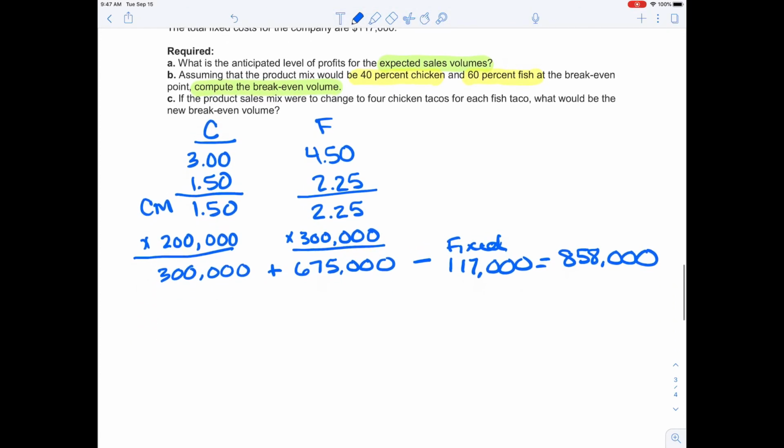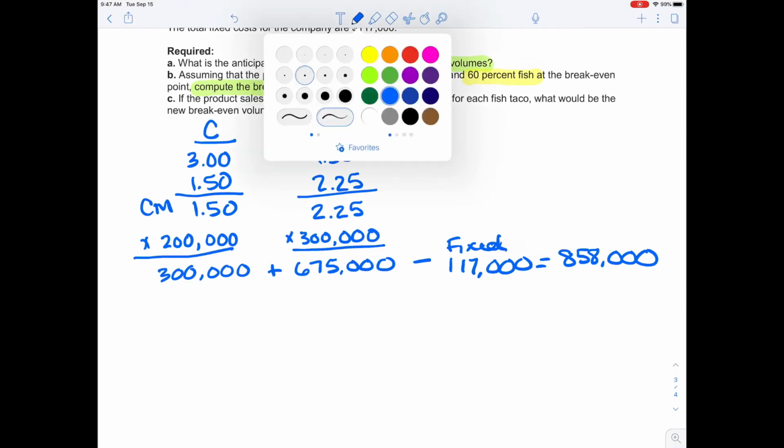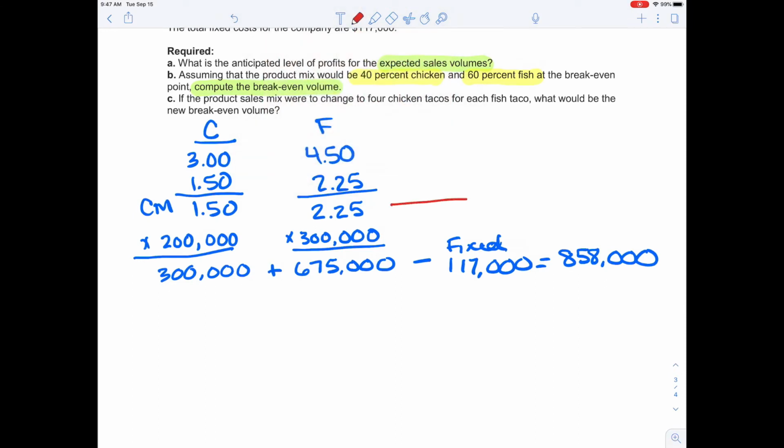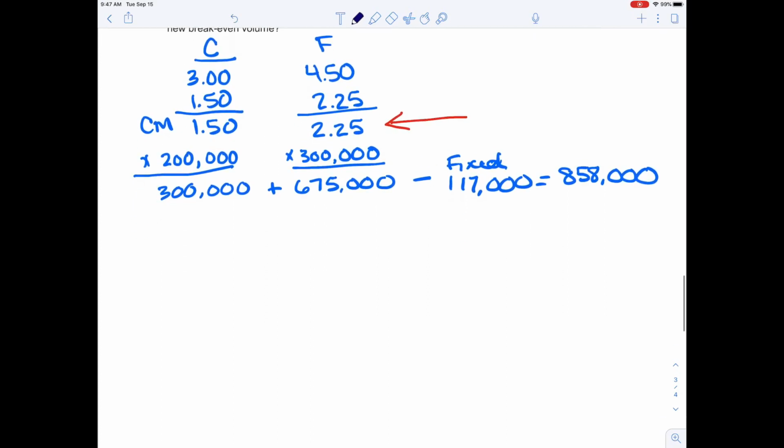So first, what I have to do is use these contribution margins, and I'm going to find my weighted average contribution margin. So looking at chicken, looking at fish, I'm going to take these contribution margins, move them down here. Unfortunately, it's the same as the variable cost, so I want you to distinguish, I'm taking the contribution margin.